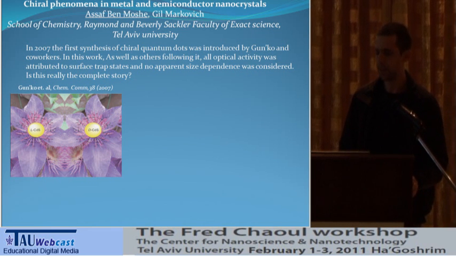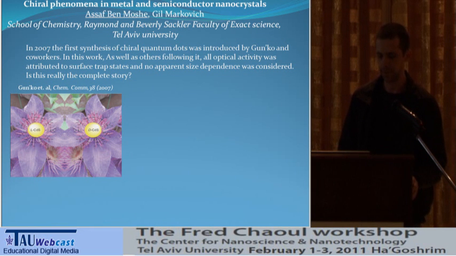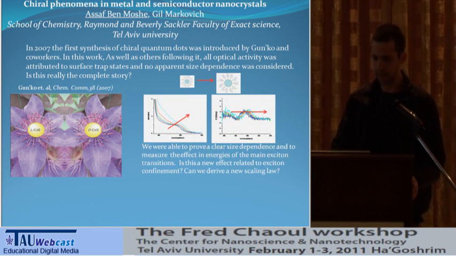Induced chirality in semiconductor quantum dots was introduced just a few years ago, and it was attributed to surface states. It was mentioned there that it's not a phenomenon related to the main exciton transitions, and no one really checked the size dependence of this phenomenon.